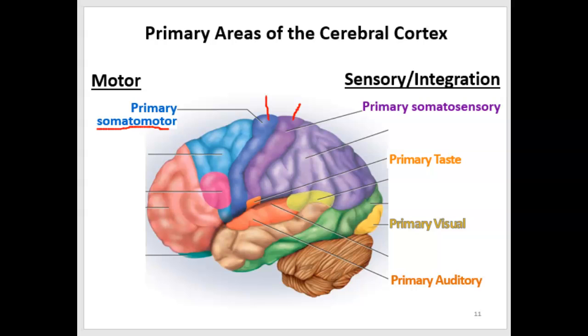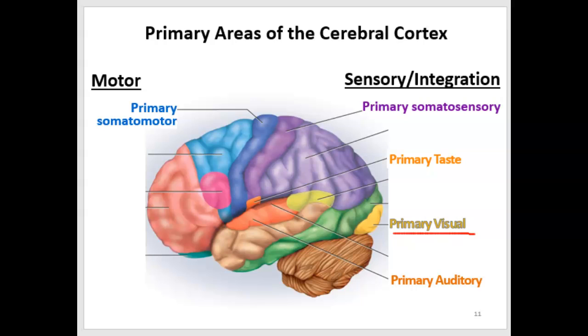Now there's two more. I guess there's three, but there's really only two that I care that you know a lot about, primary areas anyway. And they are the primary sensory area involved with vision or sight. So that is not somatic sensory. That's a special sense, right?